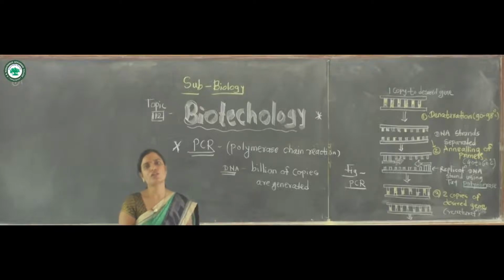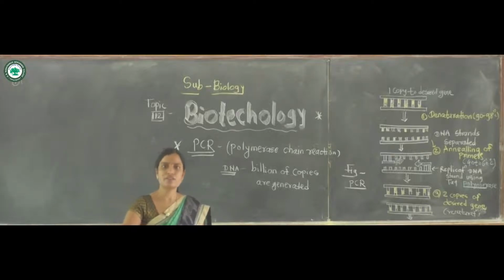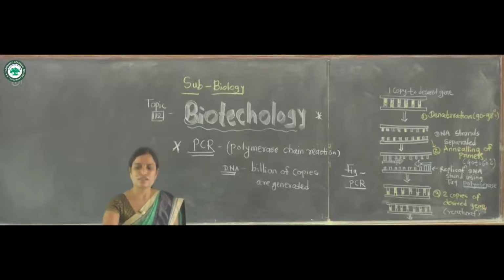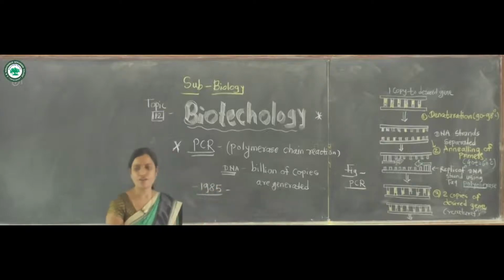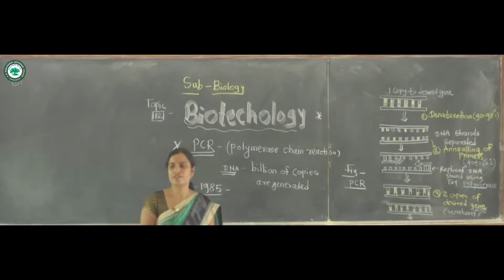In vitro condition means the aseptic condition, and this process takes place. This PCR technique was studied in 1985. The important discovery of this machine was made in 1985.